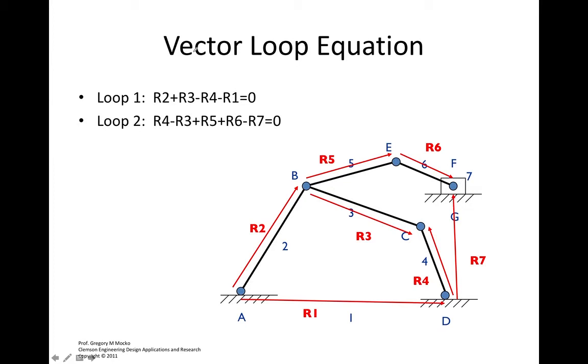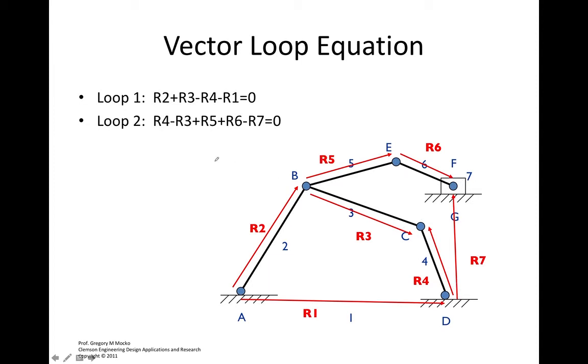We've got vector loop 1, okay, and vector loop 1 is going to be based on R2 plus R3 minus R4 minus R1 equals 0. And then vector loop 2, R2, R4 minus R3 plus R5 plus R6 minus R7 equals 0.